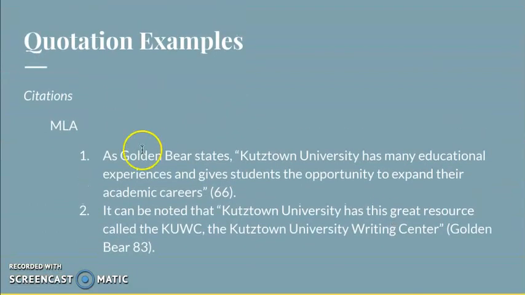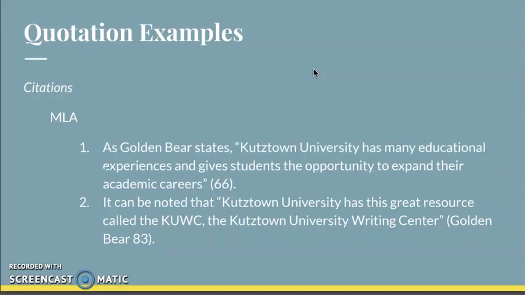So, here are some citations. This is another thing that people get tripped up on. Very important to do correctly. For example, in MLA you would write, as Golden Bear states, then your quotation, and then outside of your quotation marks, you would put your page number, and then your punctuation. Your other example is very similar.